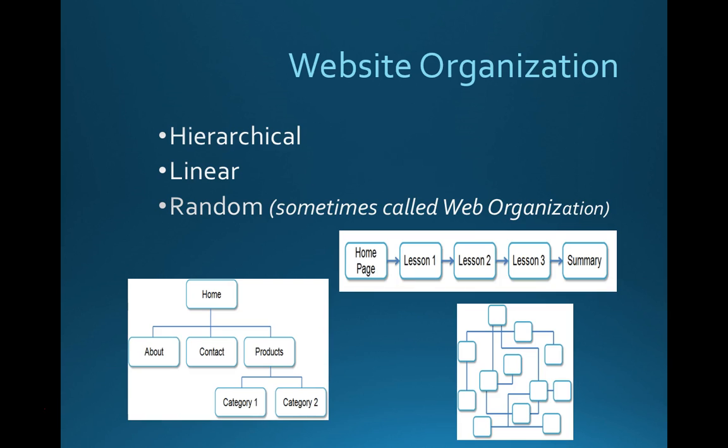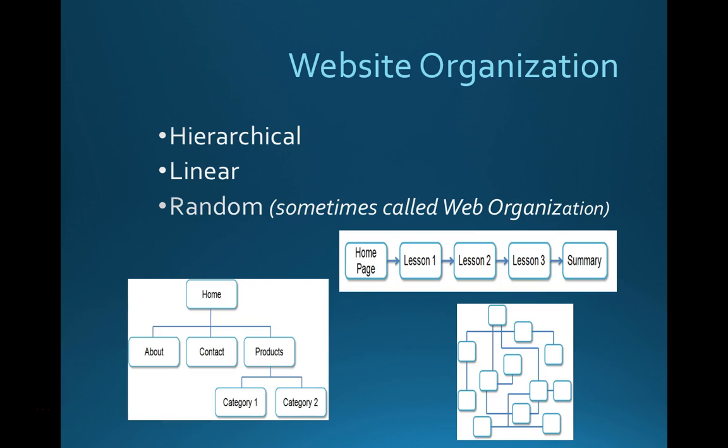This is very common in websites that provide articles. How many of you read articles on the web? I think all your hands probably go up. Now, when you read that article, you get the first page, and then at the bottom, what do you see? An arrow or page number 2. It's not often that you see pages 2, 3, 4, and 5. Even though it has those pages, you just simply see the next page because they want you to go from one page to the next, in order. That's linear.